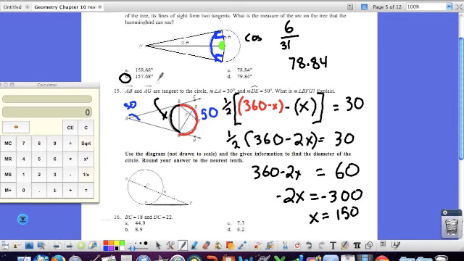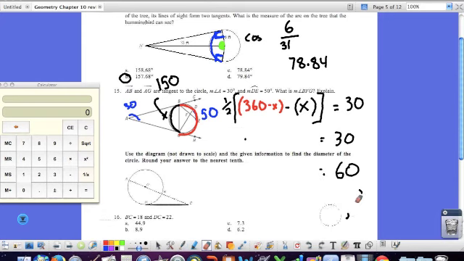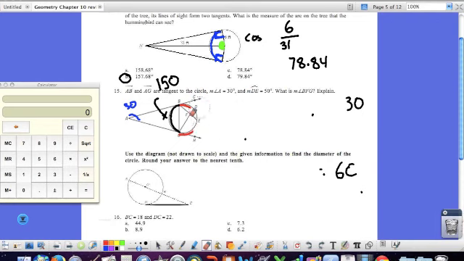So now I have that. That's 150. I'm going to erase this work here, and go back to the beginning. They told me that DE was 50 degrees. So hopefully what you can now see is I have two chords that intersect at a point inside the circle.